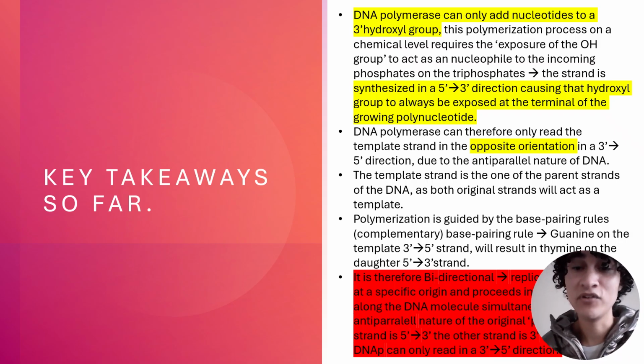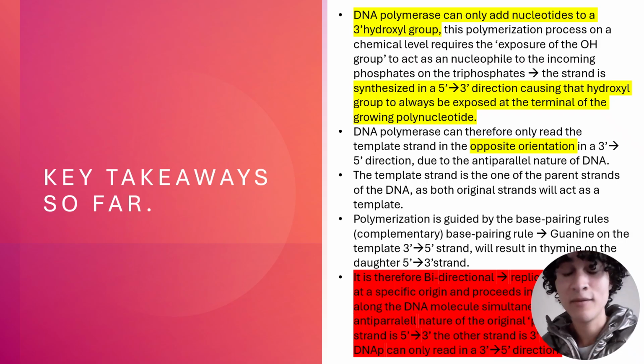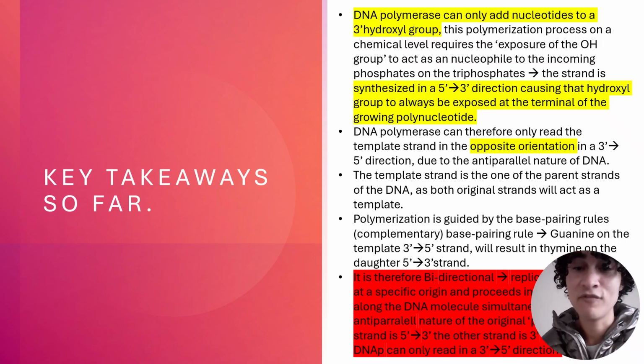Those incoming deoxynucleotide triphosphates contain the beta and gamma phosphates that will eventually be cleaved off during the polymerization process. The chemical potential energy stored in the phosphoanhydride bond of that beta and gamma phosphate on our incoming deoxynucleotide triphosphate is released with the formation of pyrophosphate, and that provides the energy for the work to happen and for that bond to form.